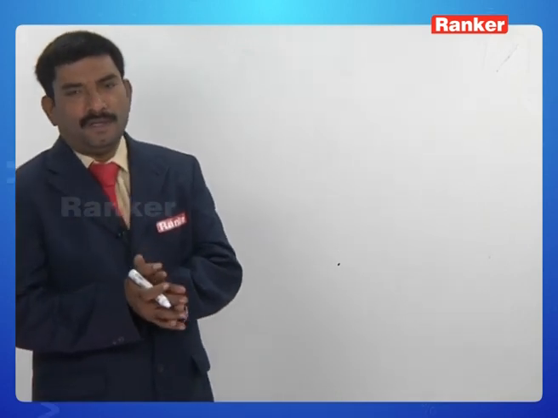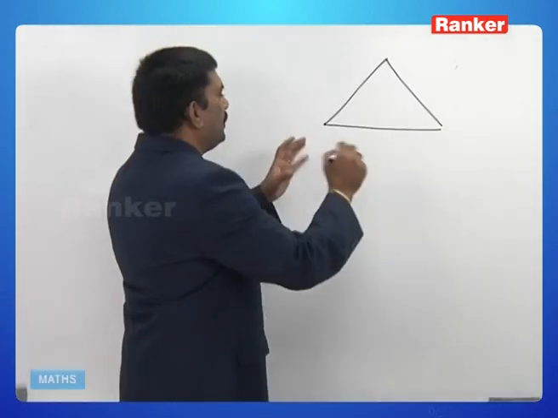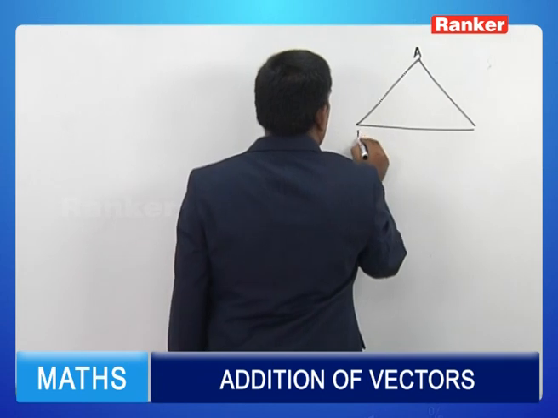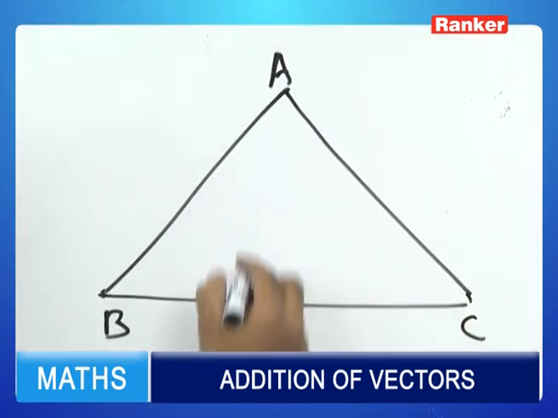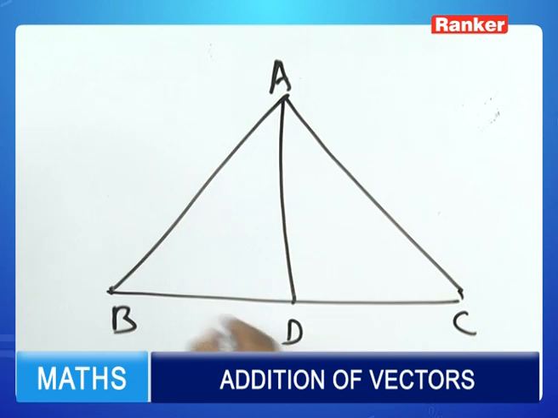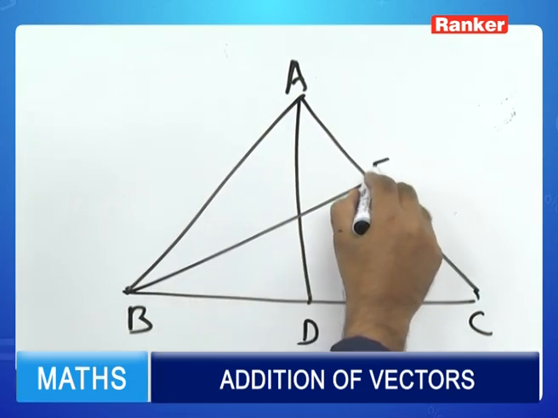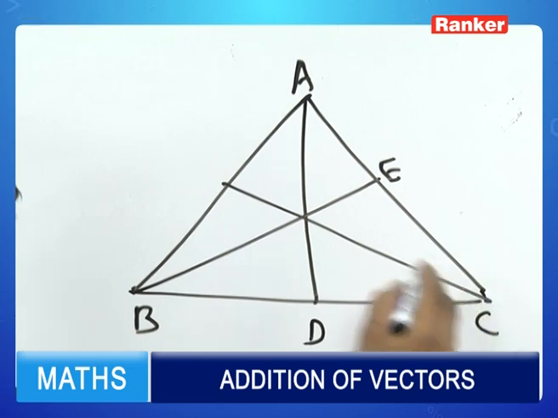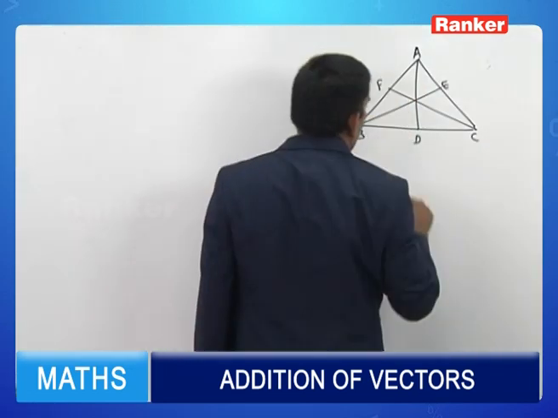Coming to the incenter of a triangle: the internal bisectors of the angles of a triangle are concurrent, and the point of concurrence is the incenter. Now, in a triangle ABC, AD is the internal bisector, BE is an internal bisector, CF is an internal bisector.